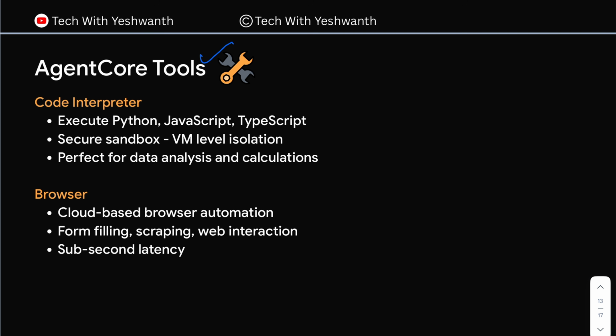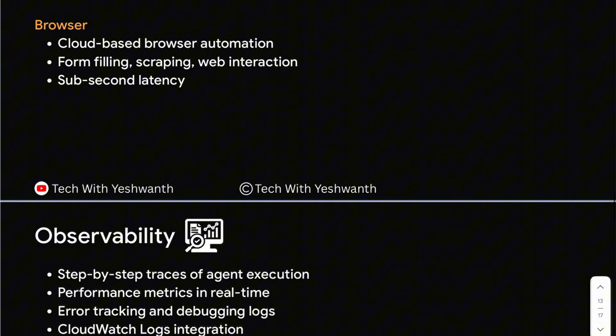This setup is perfect for running heavy data analysis and complex calculations on the fly. Second, your agent gets access to a cloud-based browser for full web automation. This allows your AI to handle form filling, web scraping, and other direct web integrations. The best part is that it does all of this incredibly fast with sub-second latency. That's the key thing that I wanted to highlight in AgentCore tools.